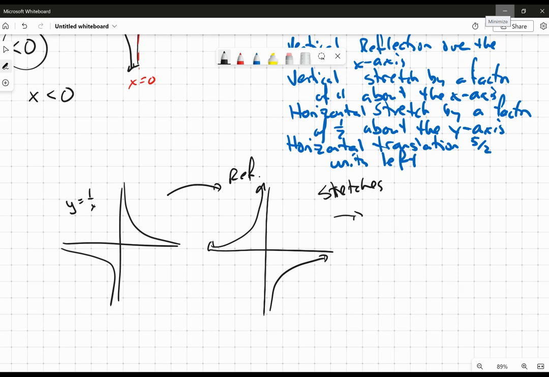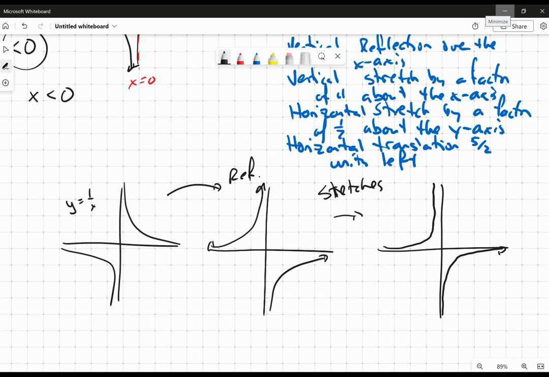No, my graph looks terrible. Because when I stretch it vertically about the x-axis, it's going to get a fair bit steeper. Then I'm going to stretch it about the y-axis. It's going to bring it in a little bit steeper.